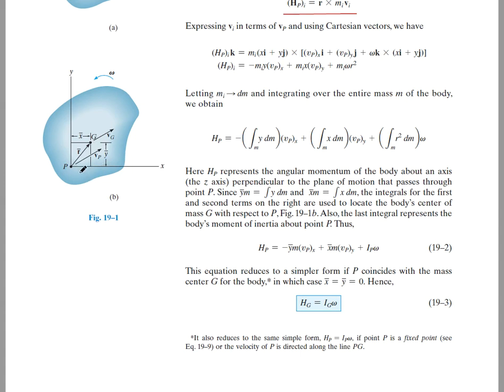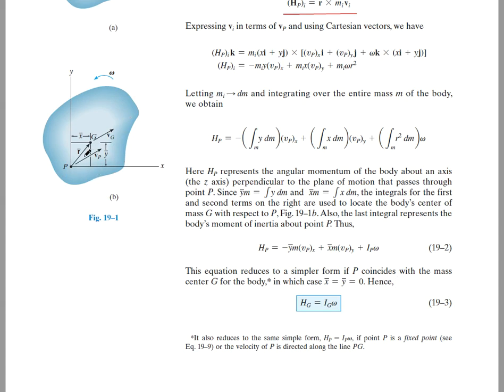X bar is the coordinate along the x-axis through P of the centroid, and then the third integral is an r squared times dm, and that's going to be the mass moment of inertia of the body about point P.